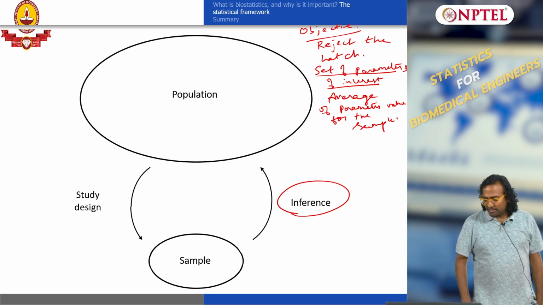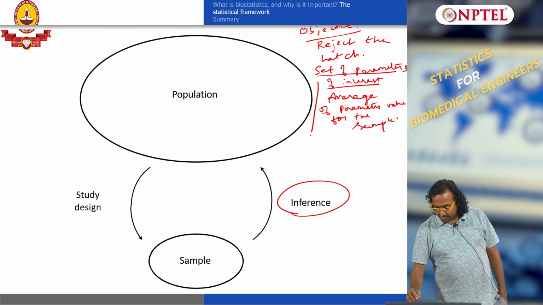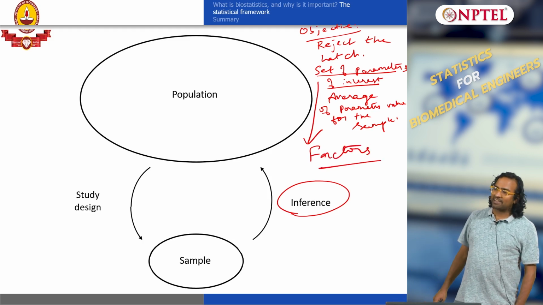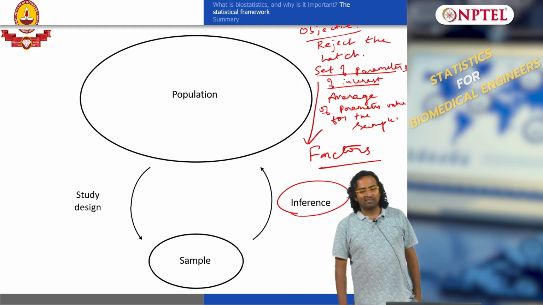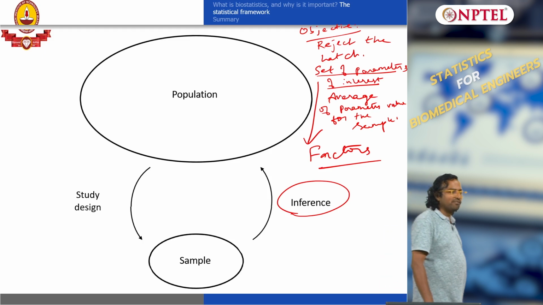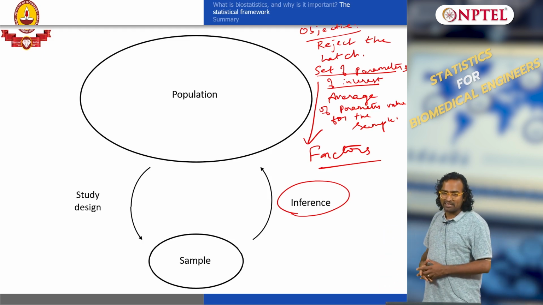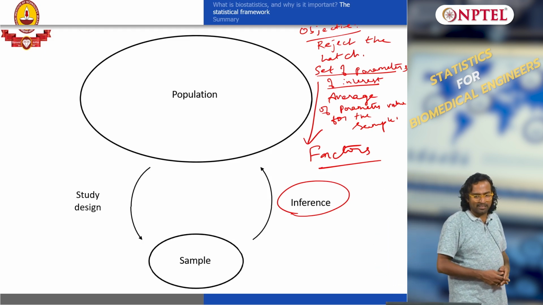So what are we talking about? In other words, the set of parameters we call, in jargon, factors, which will influence your output. These are called factors. You will talk about 2 factorial experiments, multifactorial experiments, etc. So here we are talking about factors. What are the factors?